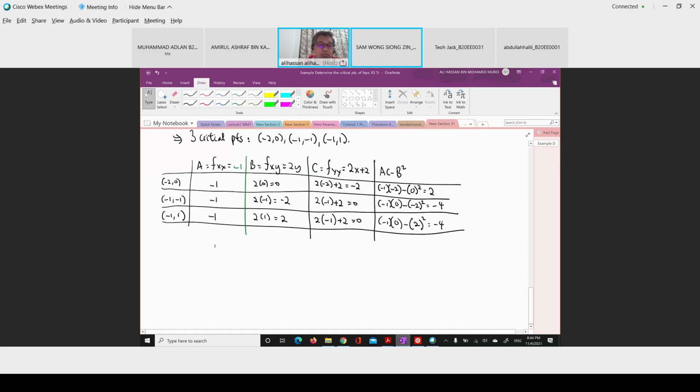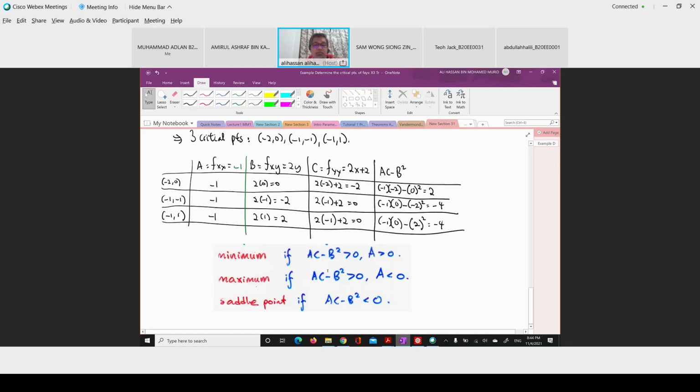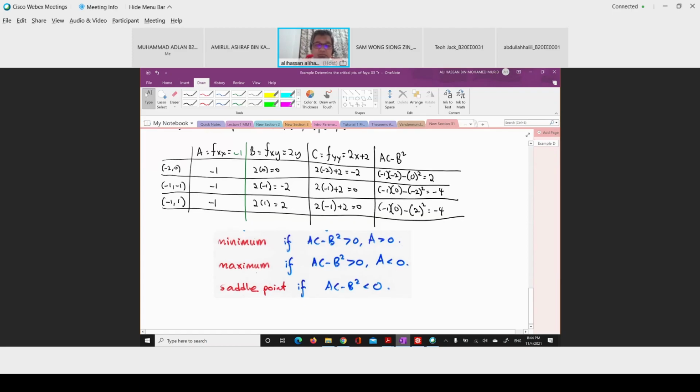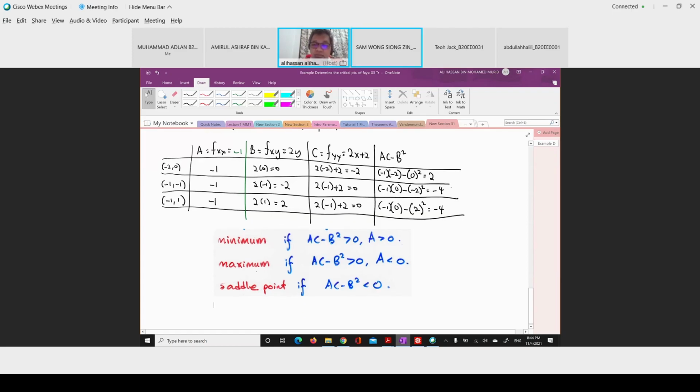So what do we get here? Let's look at the conditions again. We have 2 saddle points, because AC minus B squared is less than 0 for the second and the third critical point. So that means the second and the third critical point give rise to saddle points.